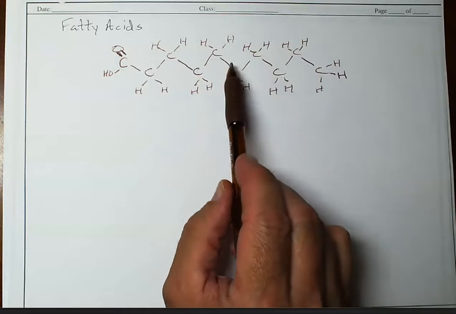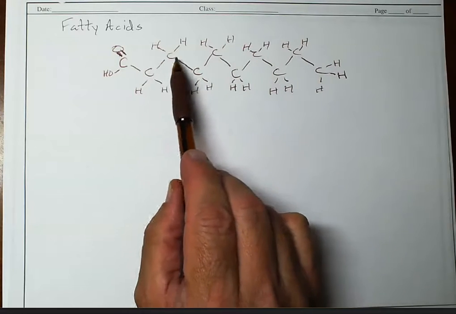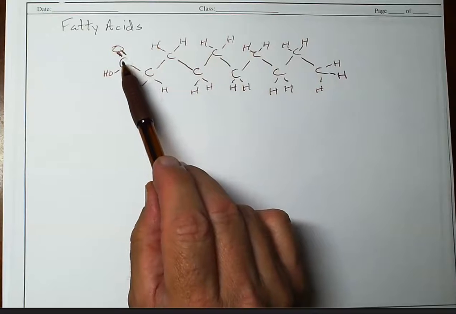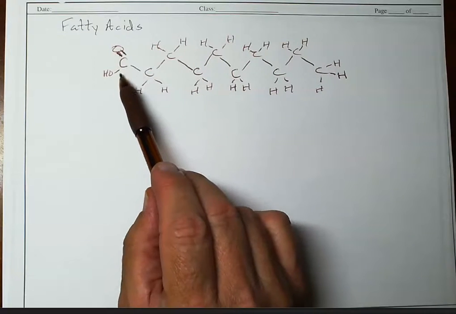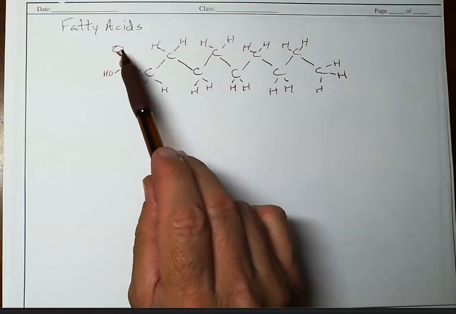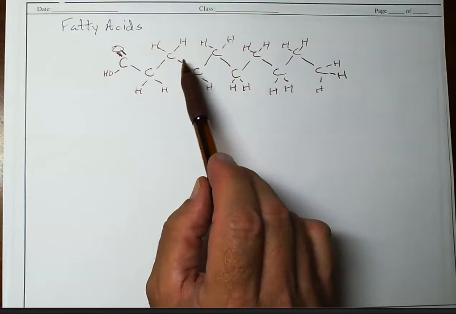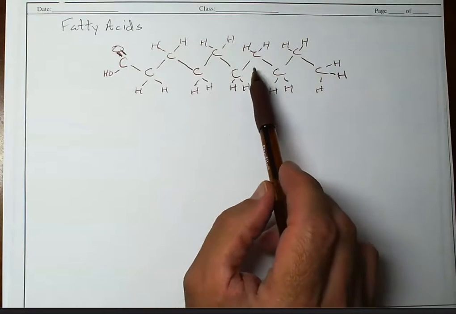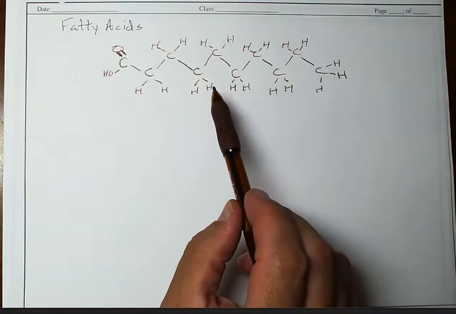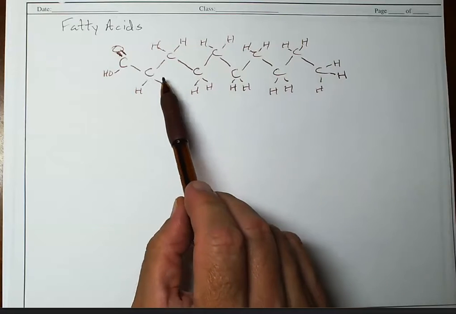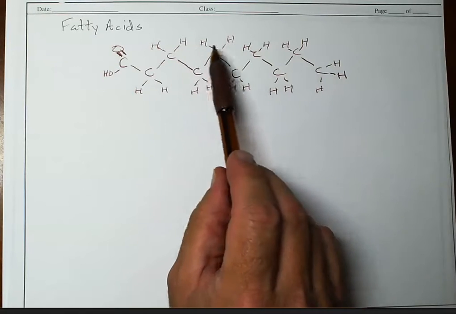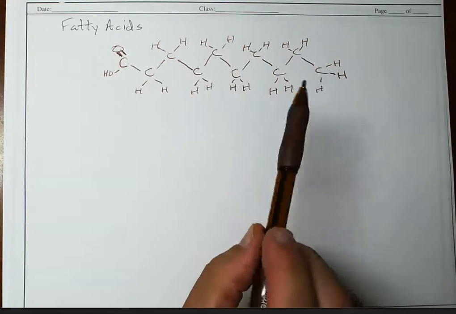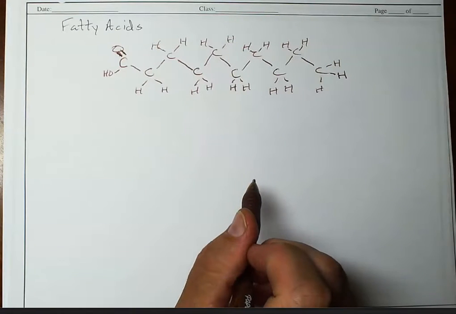Because the chain has only single bonds in it. Now the double bond to the oxygen doesn't count. That has to be there for there to be a carboxylic acid group. But for the rest of the molecule, the chain consists only of single bonds between the carbons. And that means that each carbon has the maximum number of hydrogens bonded to it.